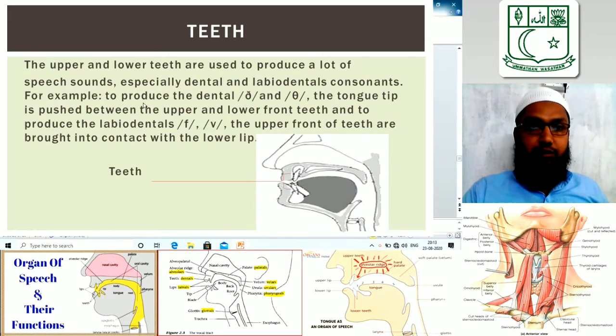For example, to produce the dental sounds the, then, the, so this is the symbol, and this is for ta, think. The tongue tip is pushed between the upper and lower front teeth. To produce the labiodentals fa, va, the upper front teeth are brought into contact with the lower lip.